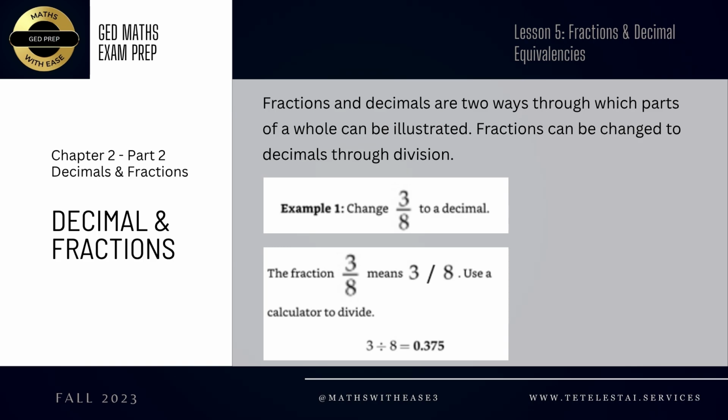Fractions and decimals are two different ways to depict a part or a proportion of a whole. So even though fractions and decimals are written in different forms, they are conceptually equivalent, because they can be used interchangeably to represent the same portion of a whole number.